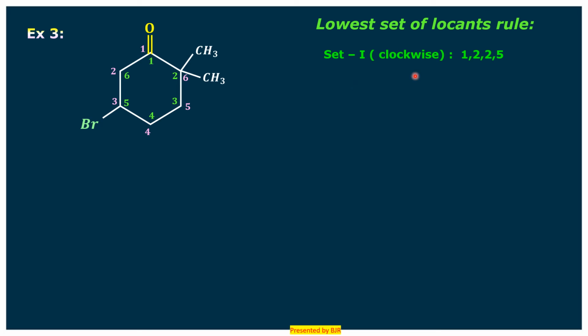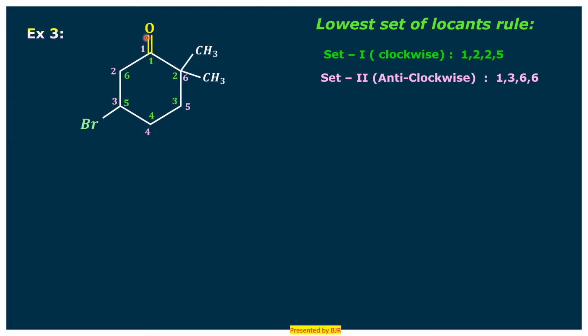Set 1, clockwise locants. 1, here the functional group is there. 2 comma 2, that is, to the second carbon atom 2 methyl groups have been attached, and to the fifth carbon atom bromine is attached. So clockwise locants are 1 comma 2 comma 2 comma 5.